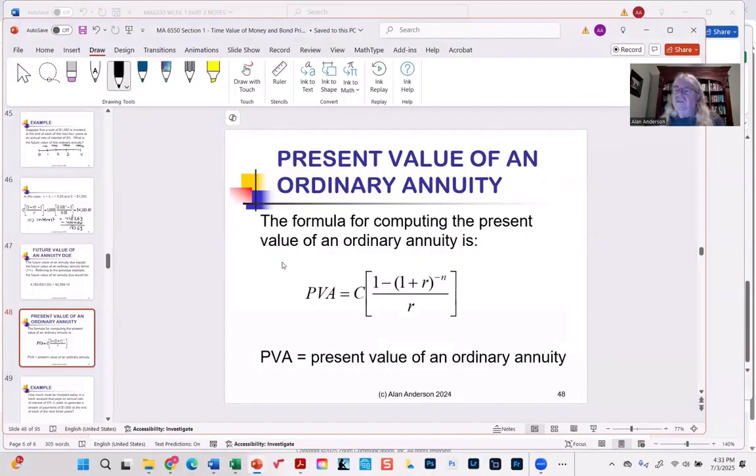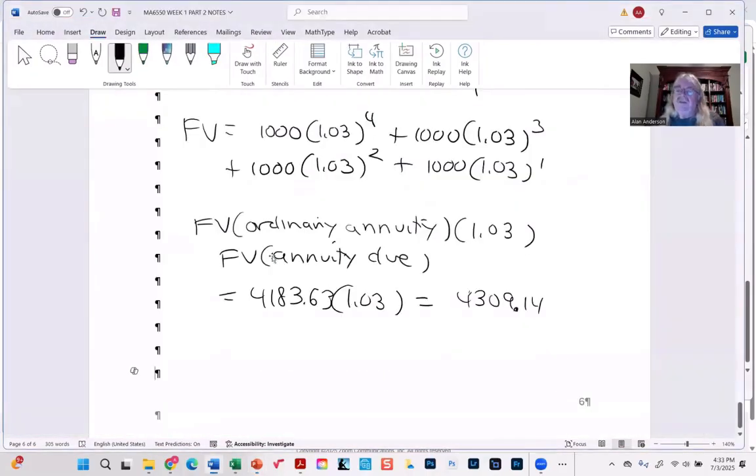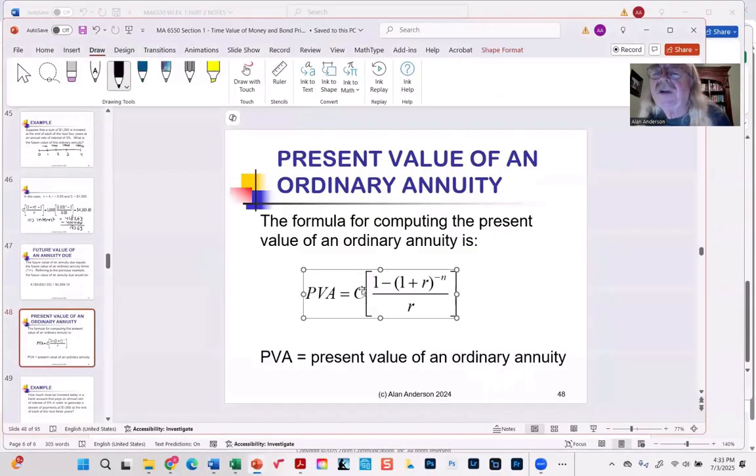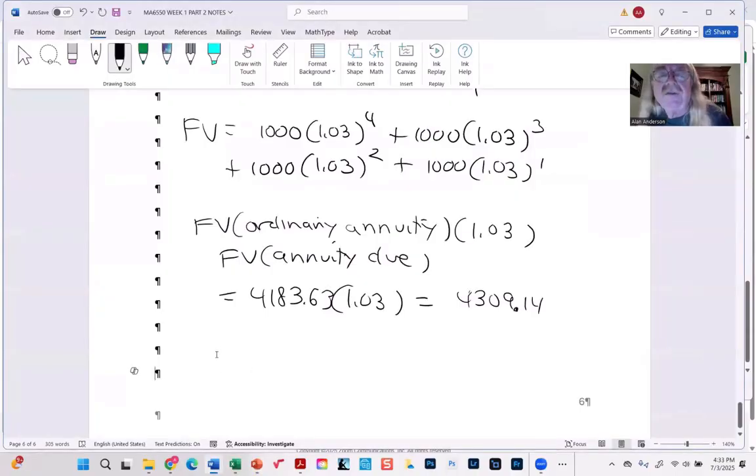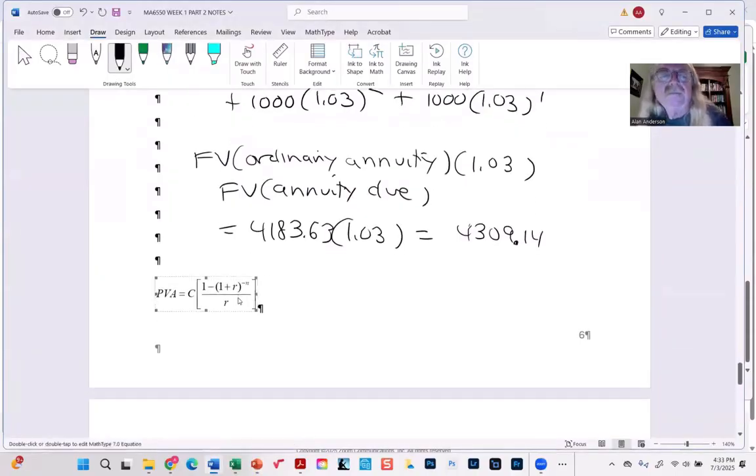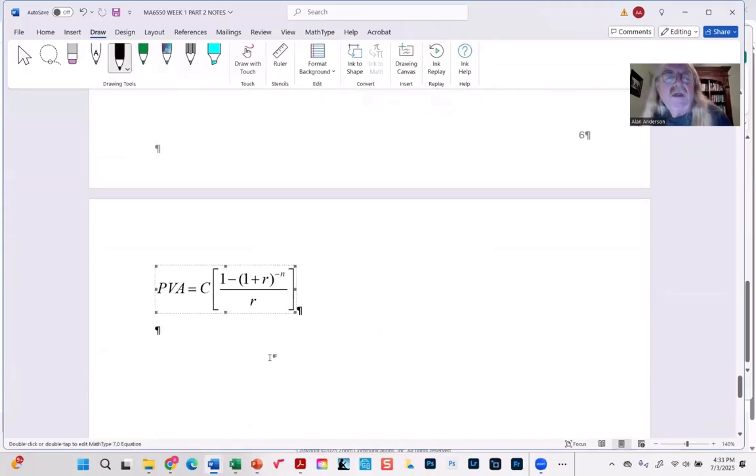Now, there is also a somewhat surprisingly simple formula for the present value of an annuity. And that little a there tells me that this is indeed a present value for an annuity, not for a lump sum. Okay, great.